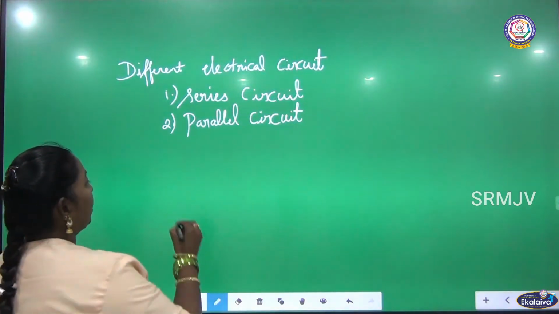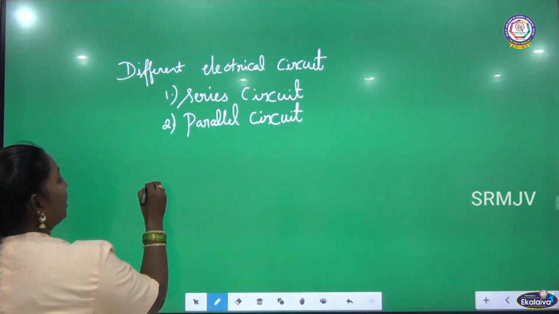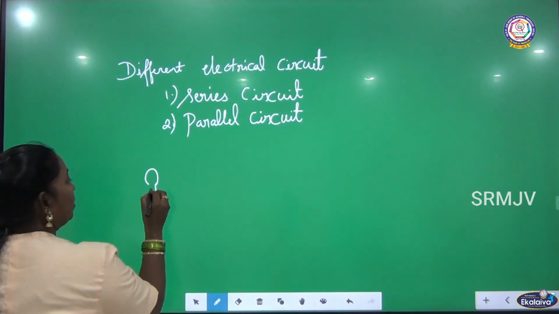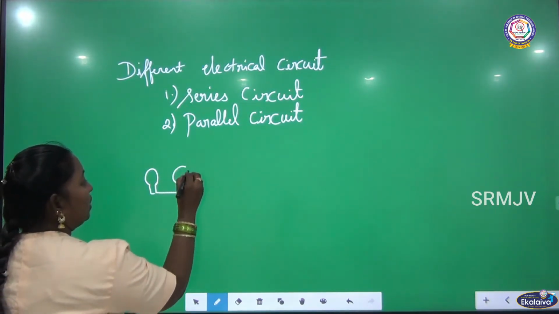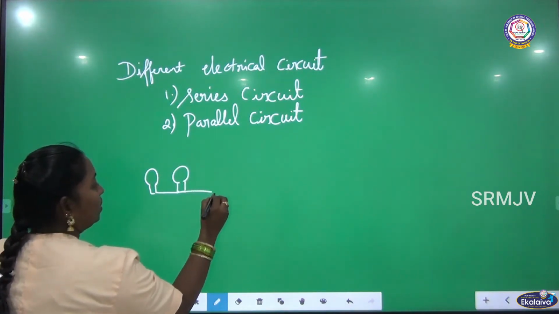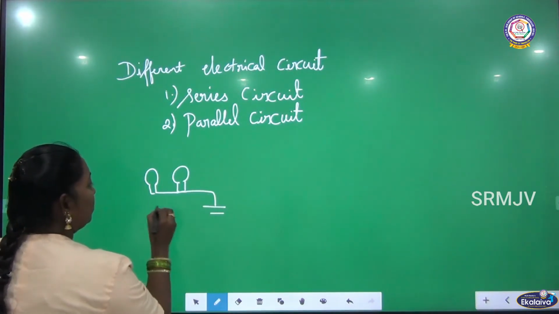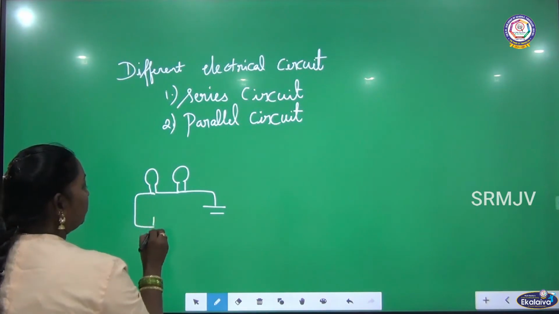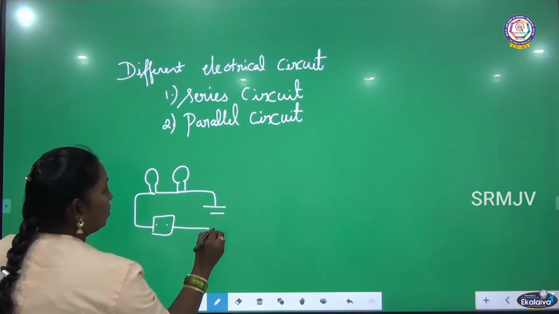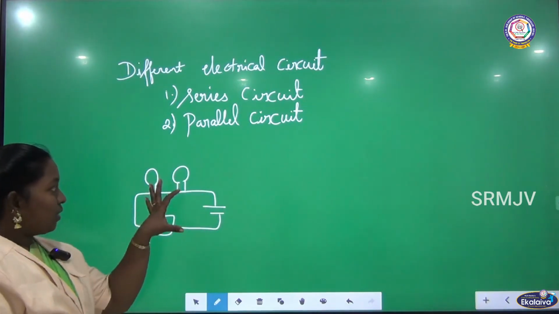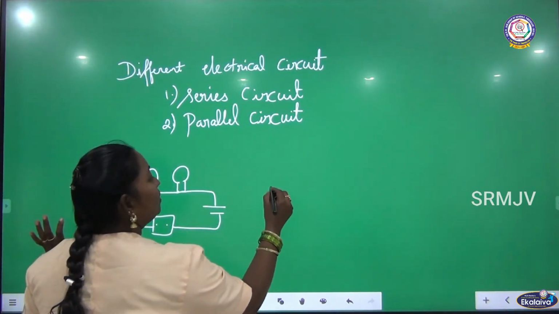So how can we make notes here? I am going to take a bulb, and it is connected with another bulb. I have drawn one simple sample circuit.